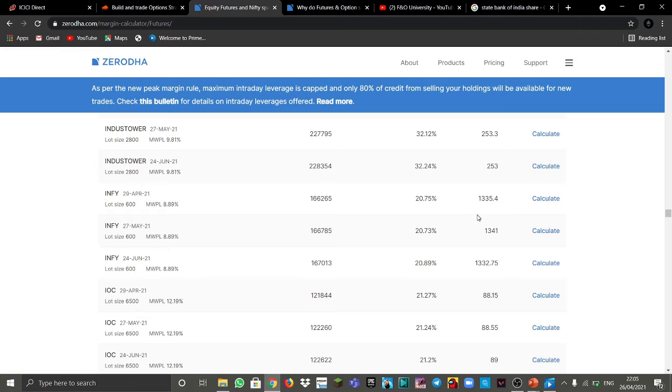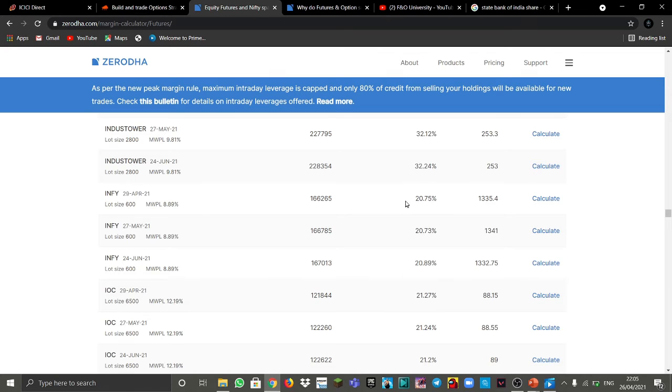Okay, let's look at Infosys. Total lot size is 600 again, right? That's fixed. Again, the expiry date would be fixed: 29th April, 27th May, and 24th of June, which is current month, next month, far month, and you will have a different margin value for each underlying asset.